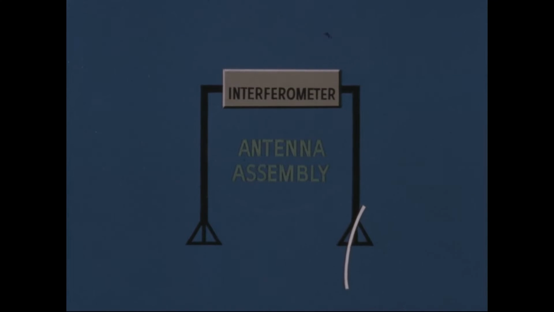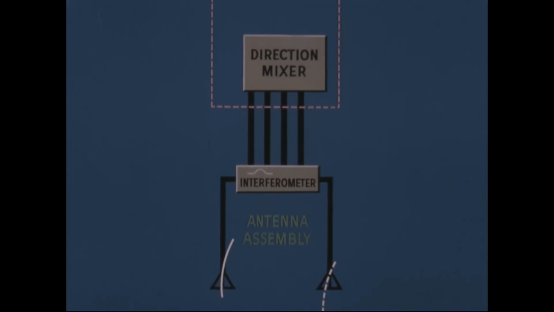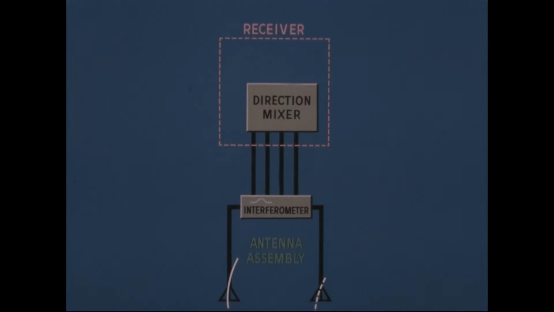The time delay from when the first antenna picks up the pulse to when the second antenna picks it up establishes a position of null in the interferometer. The position of the null varies the strength of the pulses along 4 probes from the interferometer to the direction mixer. This variation in pulse strength tells the direction from which the signal arrived.